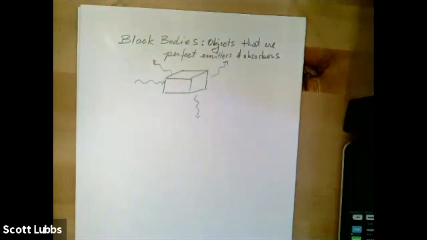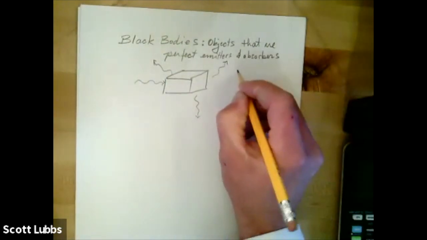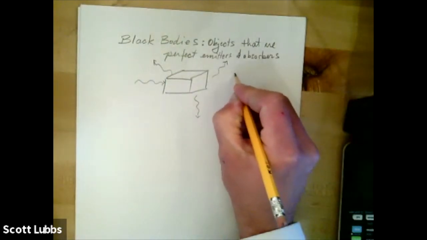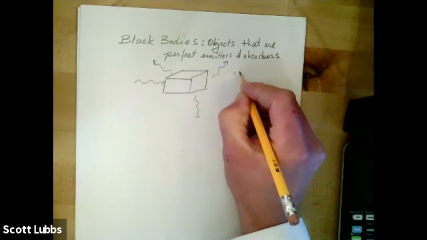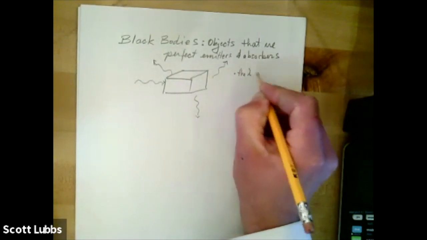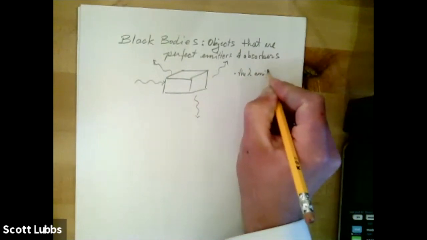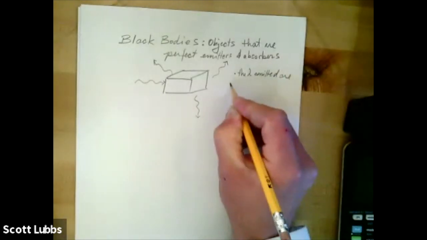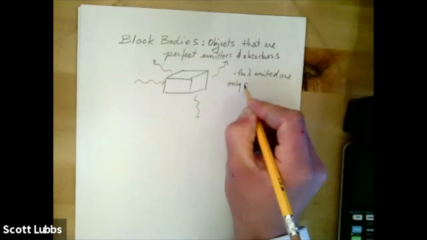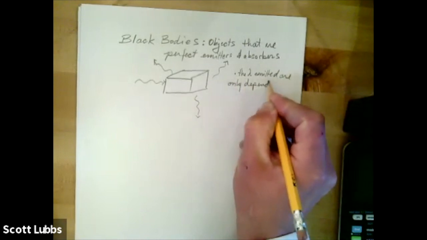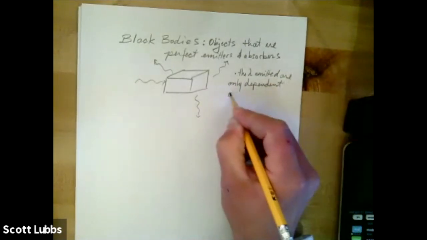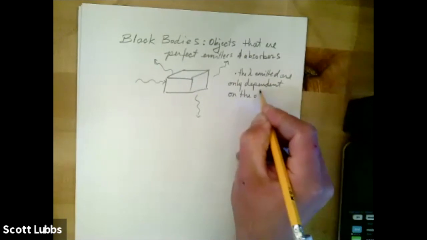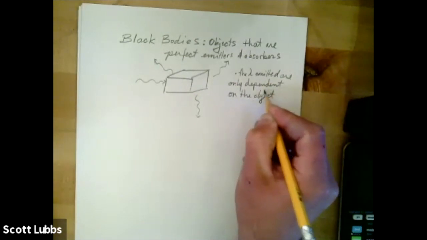It's a perfect absorber and emitter. And the definition is such that the wavelengths emitted are only dependent on the object's temperature.